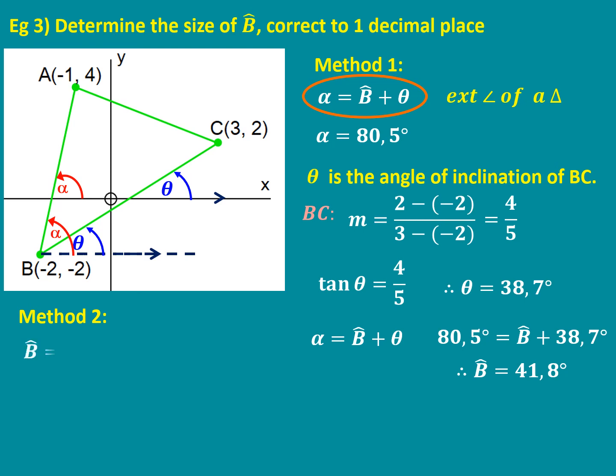Then it's very easy to see that angle B will in fact be the red minus the blue, angle alpha minus angle theta. So you'll have to do the same calculations as before. Angle alpha is 80,5 degrees minus angle theta, which is 38,7 degrees, giving you angle B is equal to 41,8 degrees.